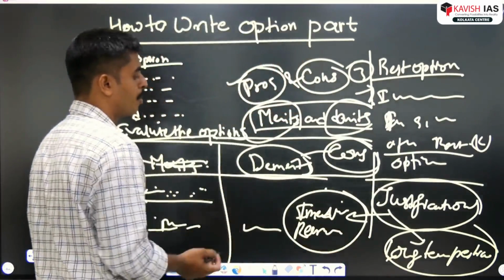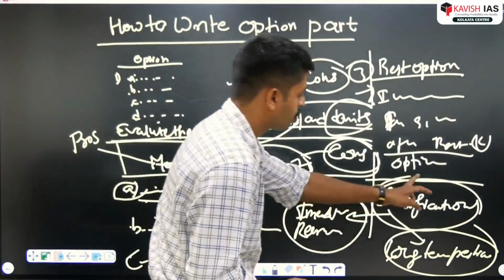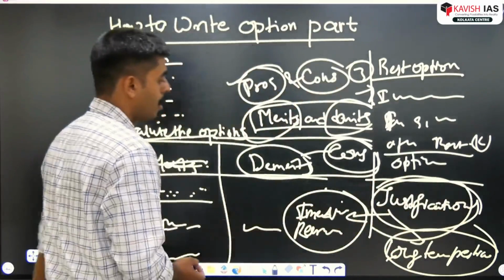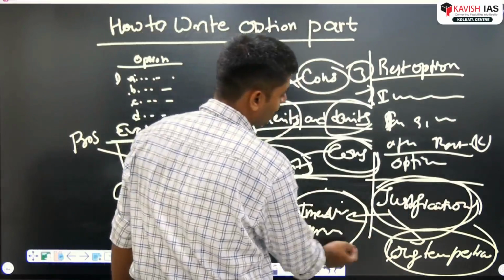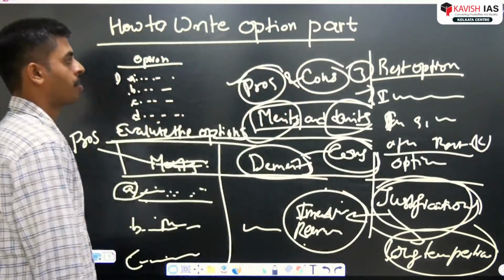So this is how you must write the justification part, breaking it into immediate and long-term perspective.